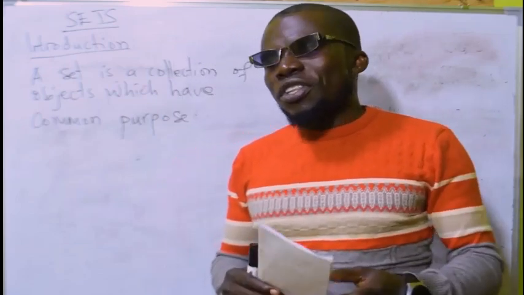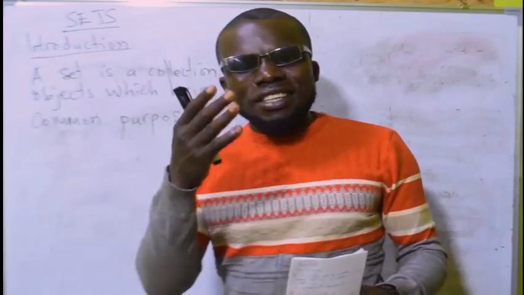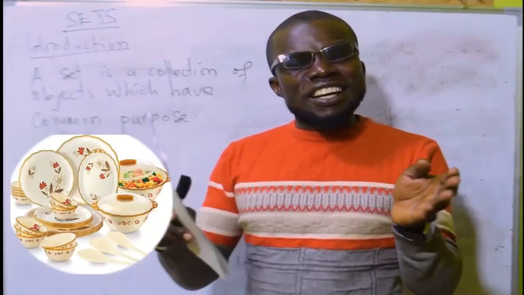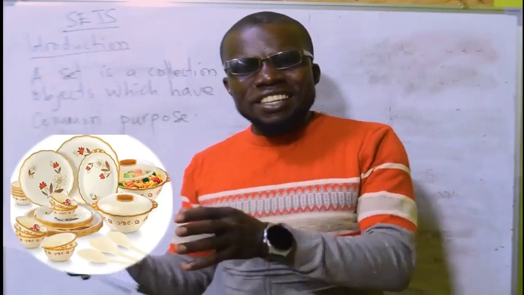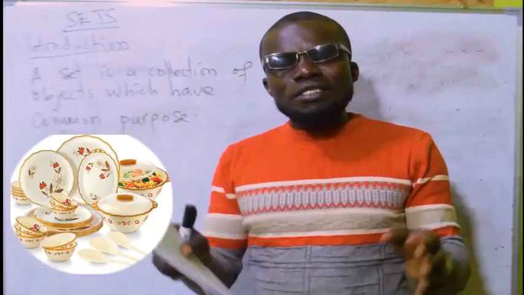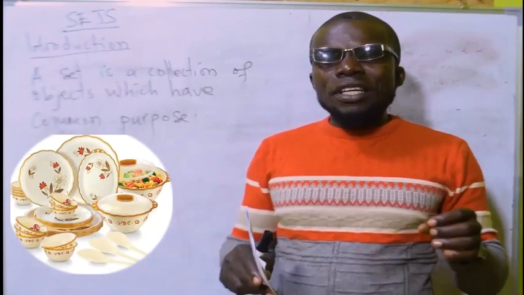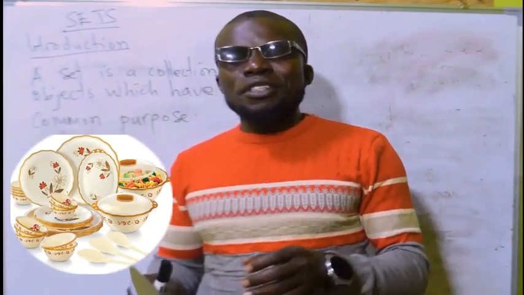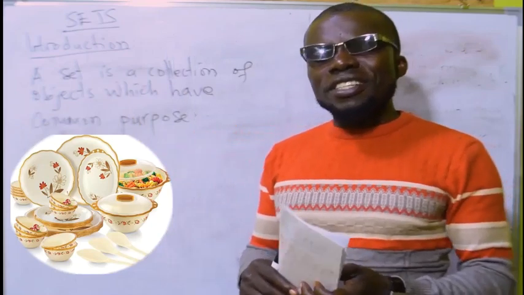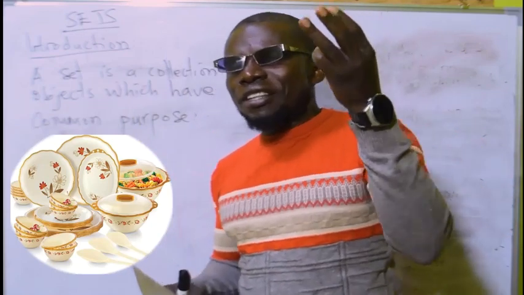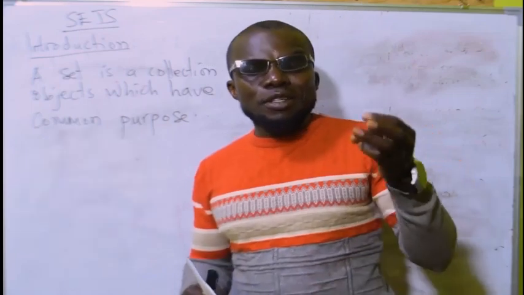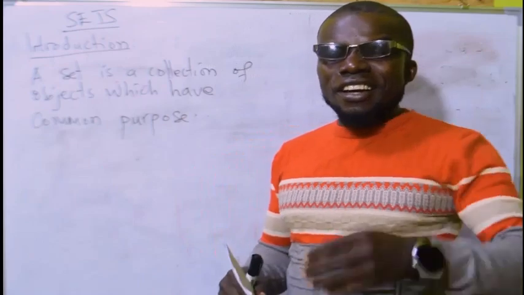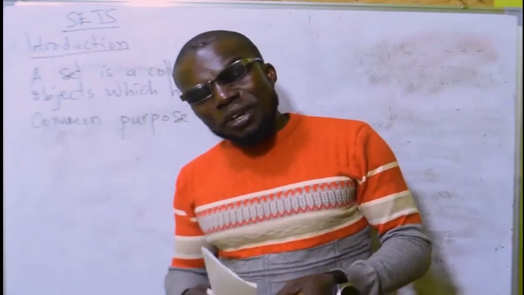For instance, there is a common terminology, a dinner set. A dinner set means it comprises various vessels for dining, for dinner, for taking supper. It includes maybe the plates, the saucers, the glasses, jug, teacup, and whatever.